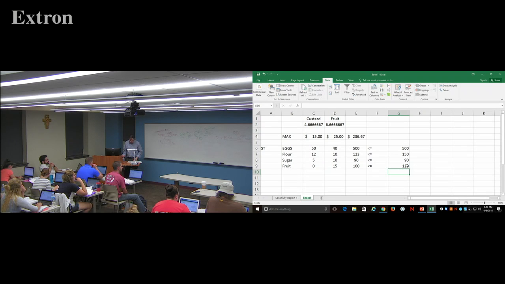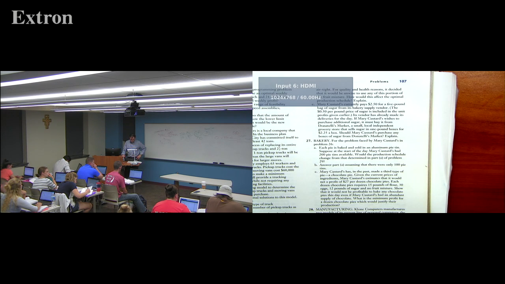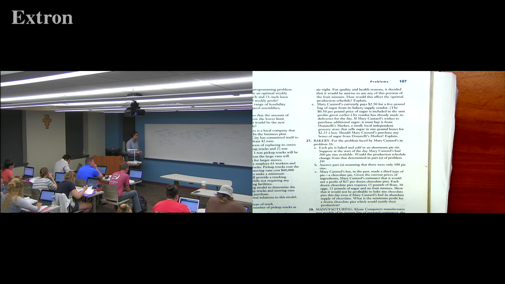Let's look at E. E says, Mary's Custard currently pays $2.50 for a 5-pound bag of sugar from its bakery supply. So that means they currently pay 50 cents a pound.